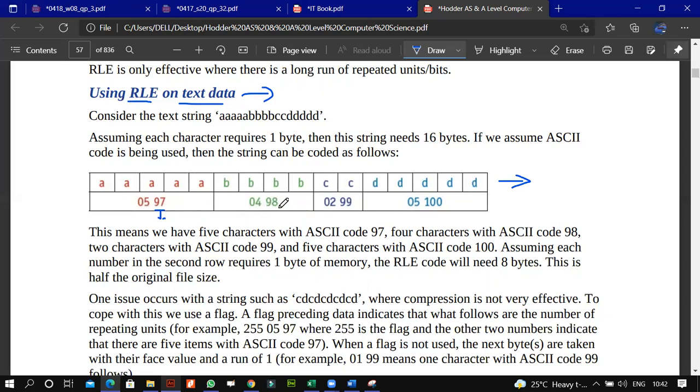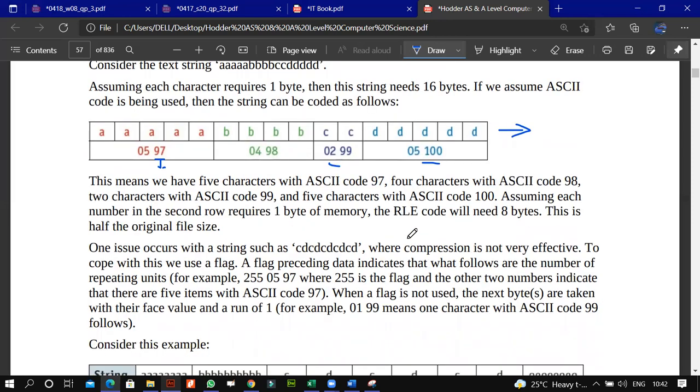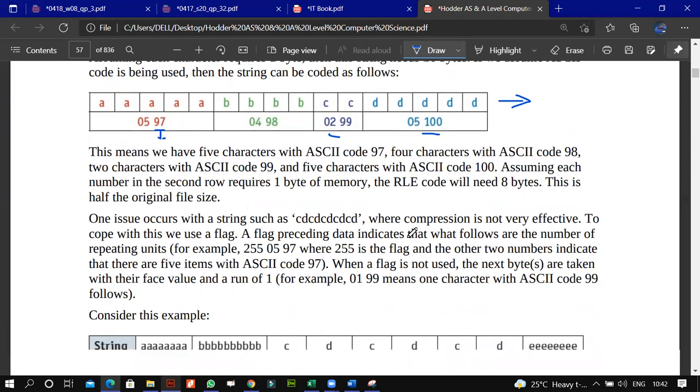The ASCII code for B is 98, so I can write 4 and so on. At times it takes more characters, but it's fine because you have to follow the rule. Generally, it will be an advantage. The repetition of the characters is multiplied by the numeric value, how much is being repeated.